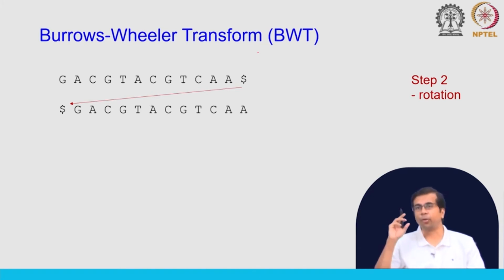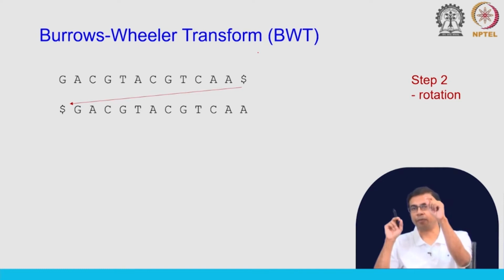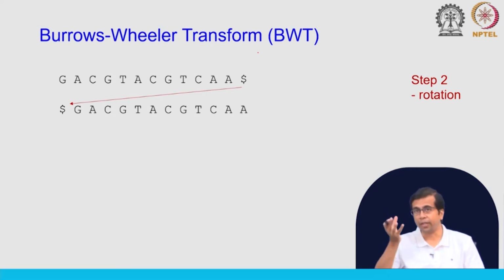How do you visualize this process? Imagine you have written these letters on a cylinder. You have a pointer at a specific position on the cylinder and you read the letter in that position, and that is the start of the string, and the rest of the letters are around this cylinder. You rotate the cylinder and just visualize the start position.